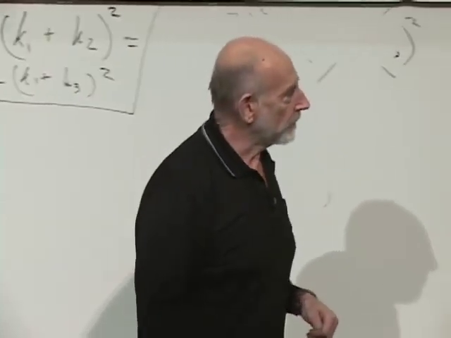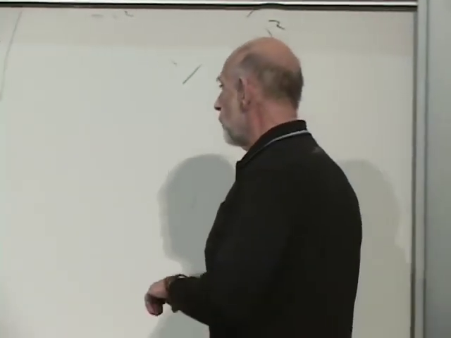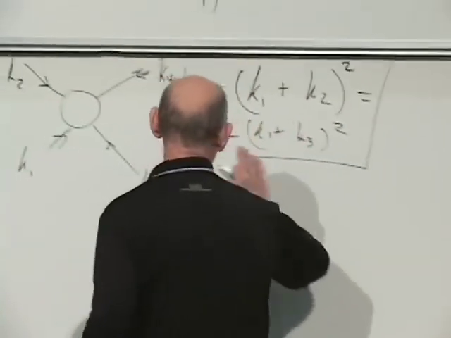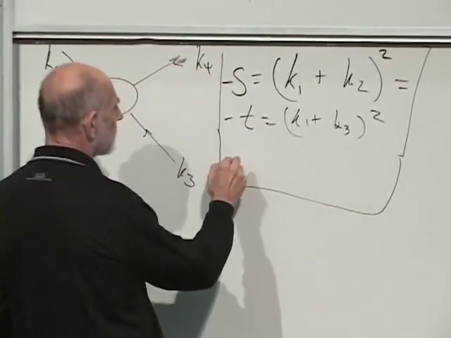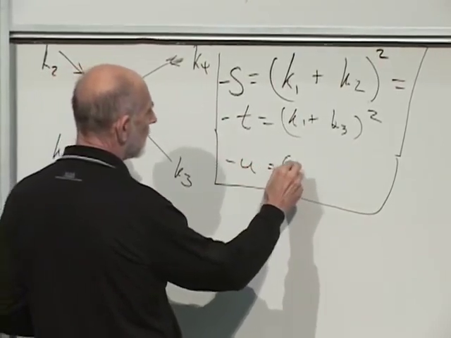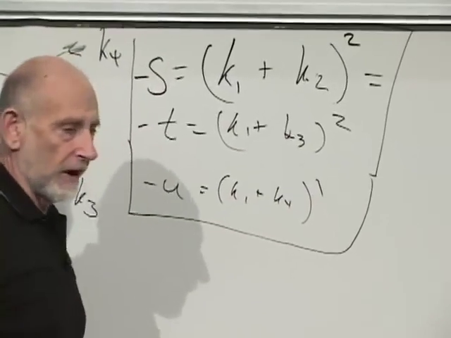Yeah. So, all right, these variables S, T, and U, the other one which is there, those are called Mandelstam variables. And they're very symmetrically defined.